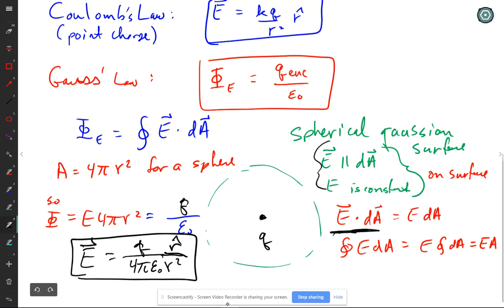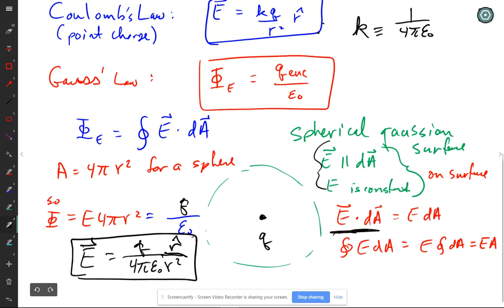Now, how is this equation in the black box different than the equation in the blue box? Yeah, the blue one versus the black one. But K is defined as 1 over 4 pi epsilon 0.